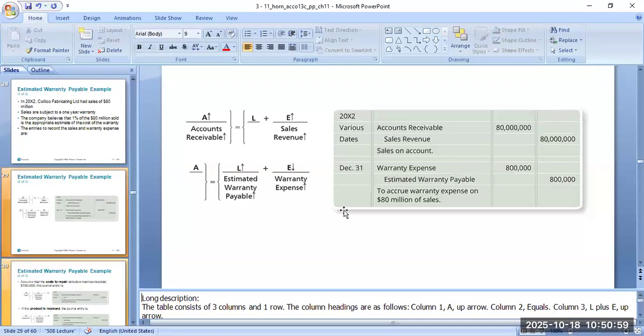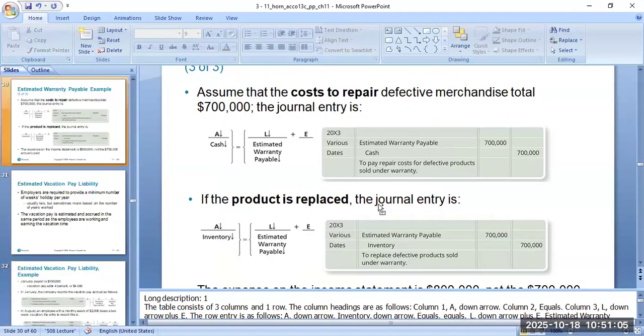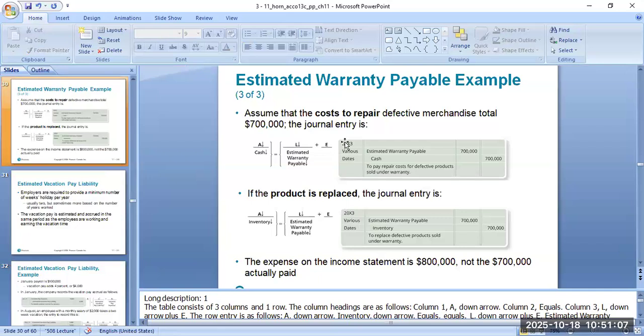Now, later on during the year, the actual repair for the sales that we made for $80 million comes up with the amount of $700,000.